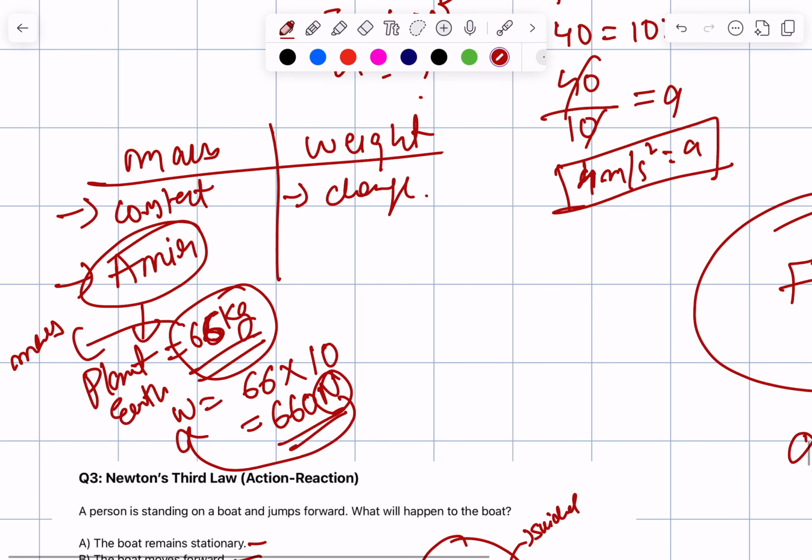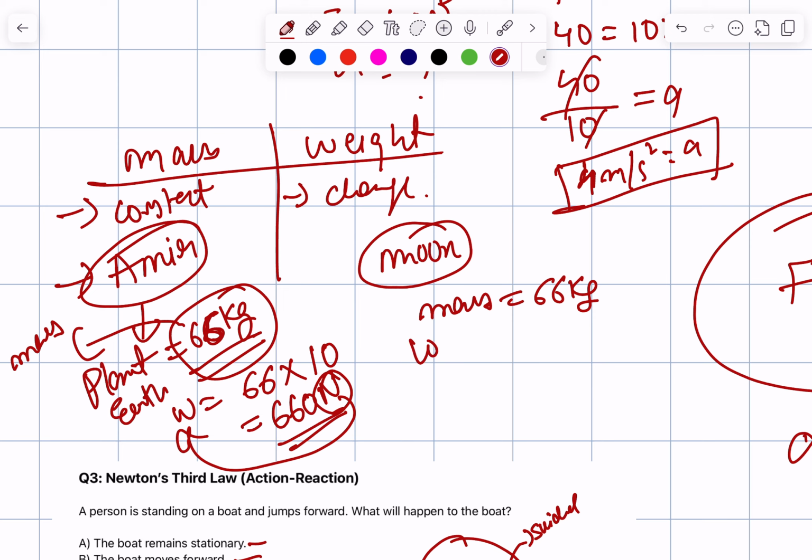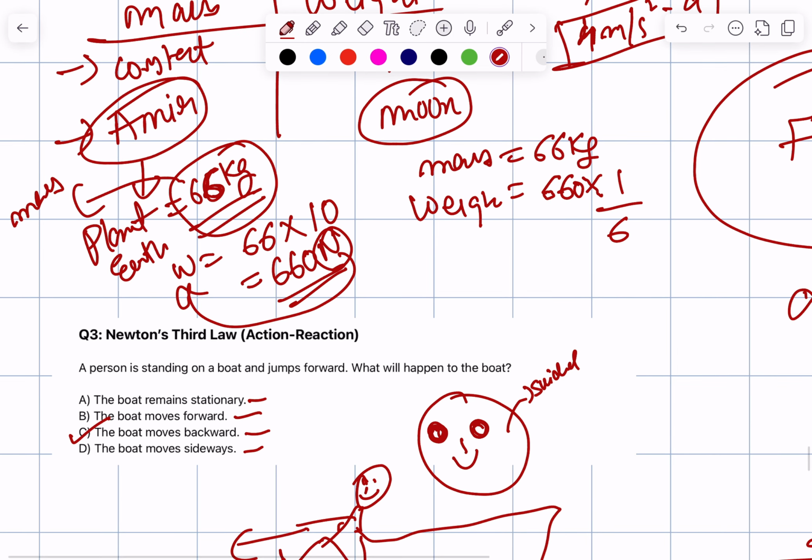Now, if I go to the moon, my mass will remain the same, 66 kg, no doubt. But my weight will be 660 into 1 by 6, because on the moon gravity becomes 1/6. So on the moon my weight will be 110 Newton.